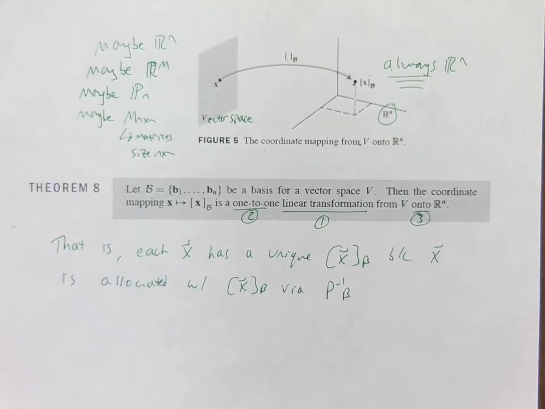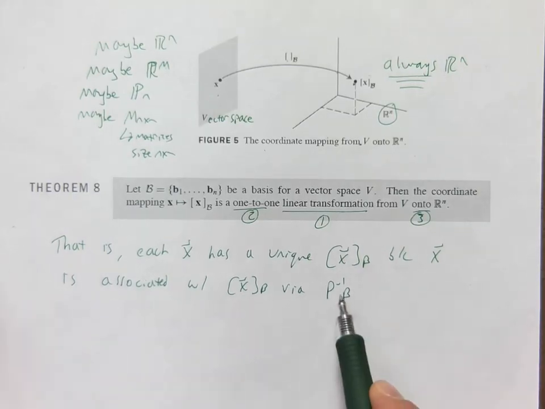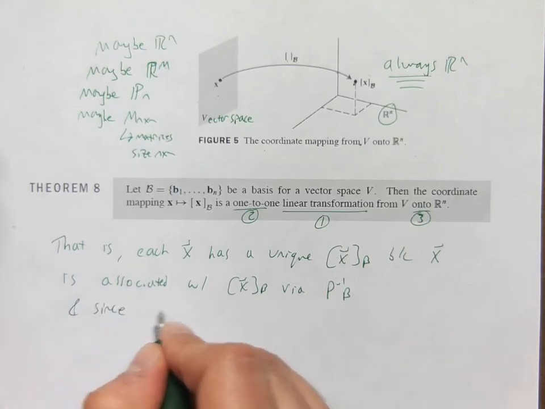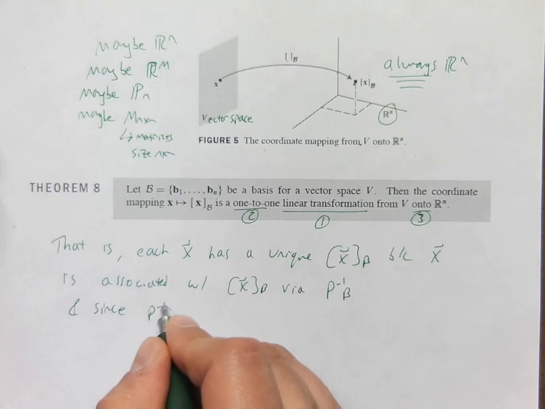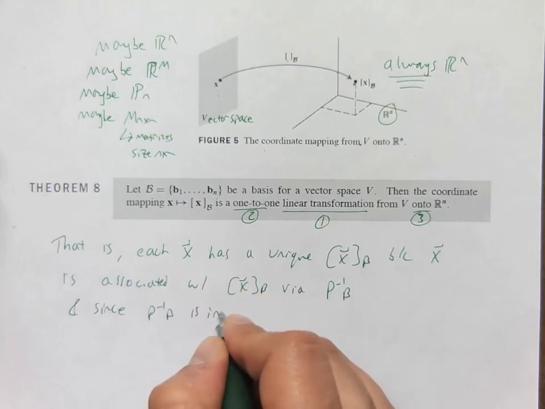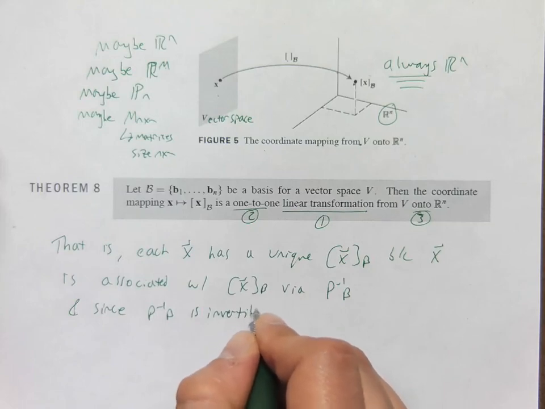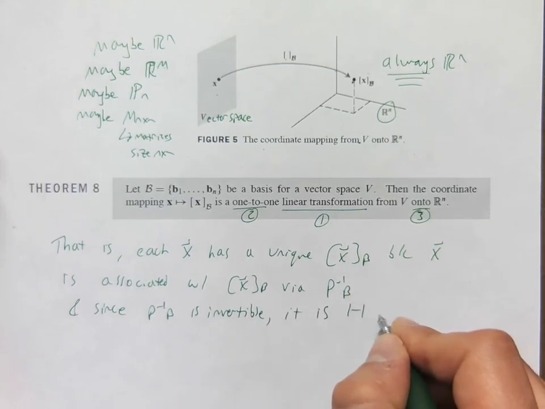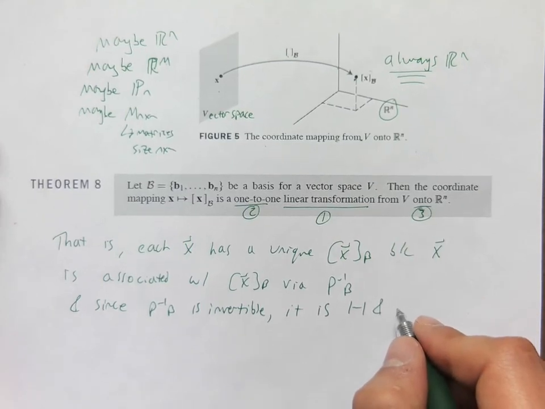The change of coordinates matrix. And we know that obviously it's invertible because it exists, which means it must be one-to-one. And since P inverse is obviously invertible, it must be one-to-one by the IMT.